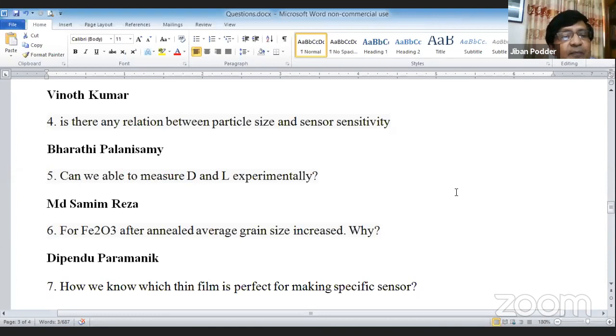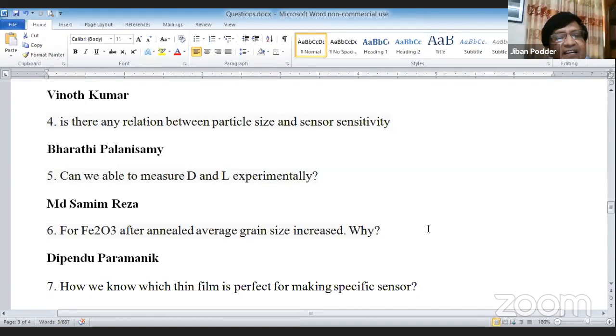Can you measure D and L experimentally? Only the diameter of the grain size we can calculate. But the depletion layer or Debye layer, experimentally we cannot calculate. I don't know right now if there is any relation to calculate the depletion layer, but it is a very good question.